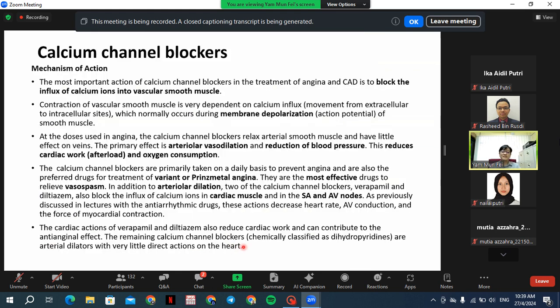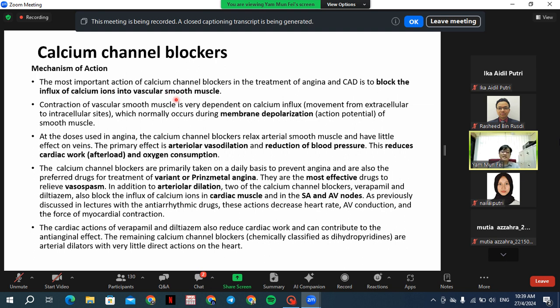So the third drug used for angina is calcium channel blocker. The main mechanism is to block the influx of calcium ion into your smooth muscle, especially your vascular smooth muscle. Without this calcium, you're not going to pump.